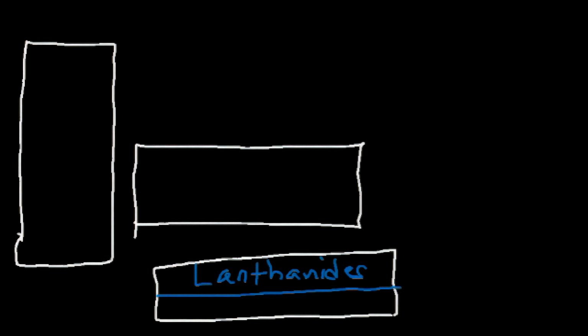So let's say this is the transition metal area. Over here you have group 1 and group 2. Then in this region you have the inner transition metals. The top part is known as the lanthanides, and the group below that represents the actinides.